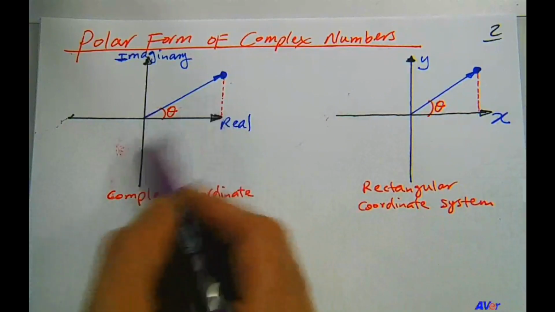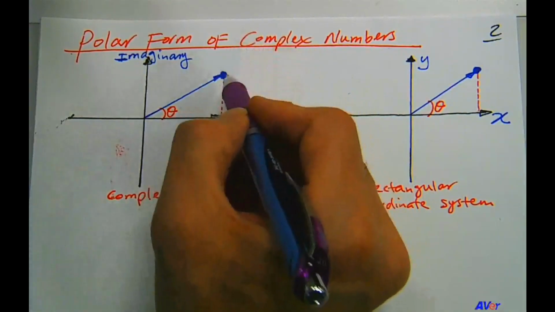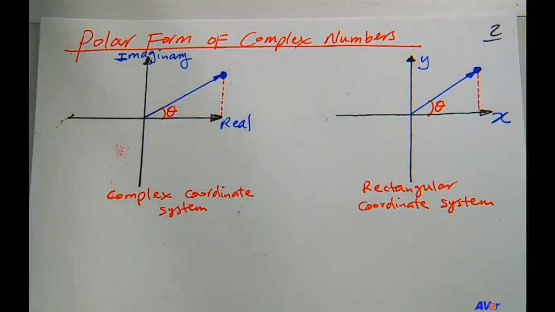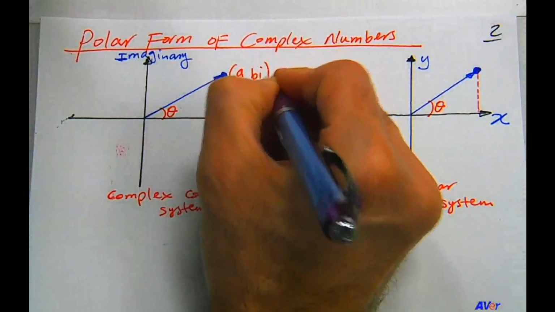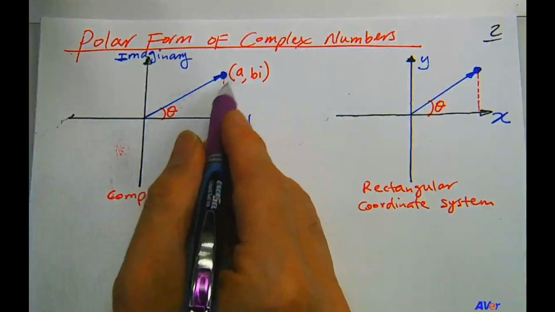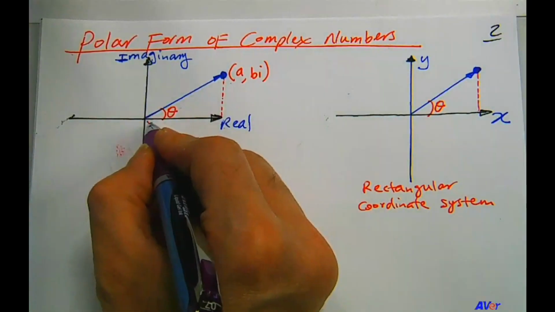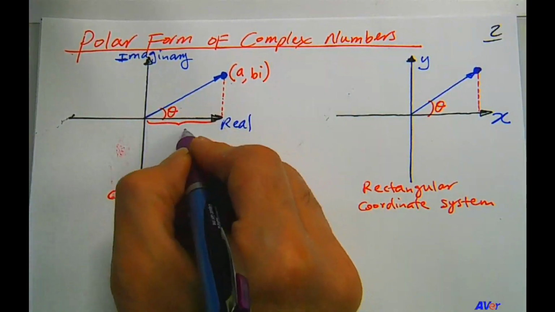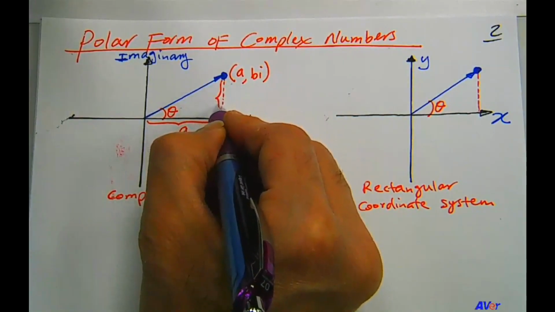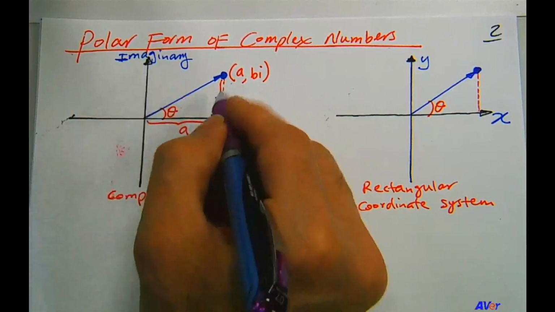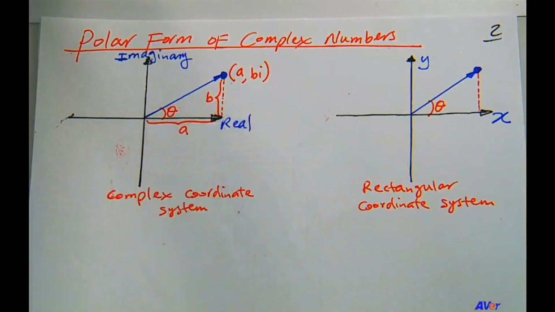Okay, so here on the complex side, the coordinates of that point would be identified as A comma Bi, right? A, of course, is the real piece of this, so that would be A, and B would be this distance along the y-axis, right? That's that.